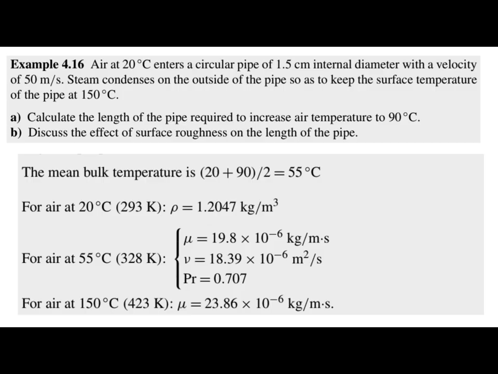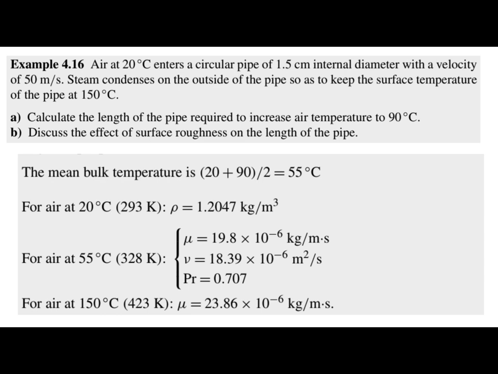Here we have our first problem, which is an industrial problem. Air is flowing inside a pipe with an internal diameter of 1.5 centimeters and a very minimal pipe thickness.